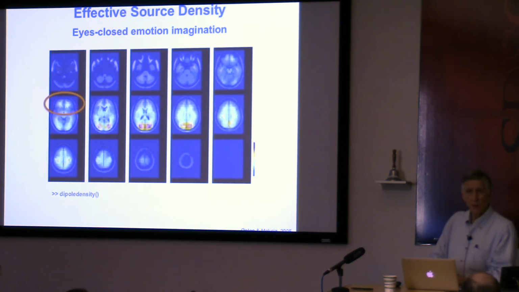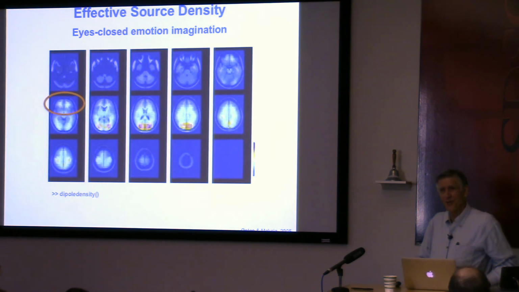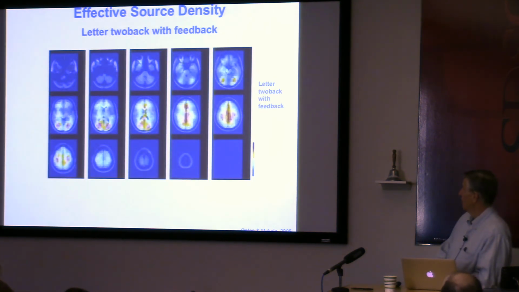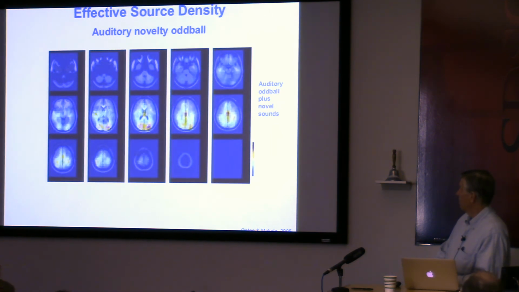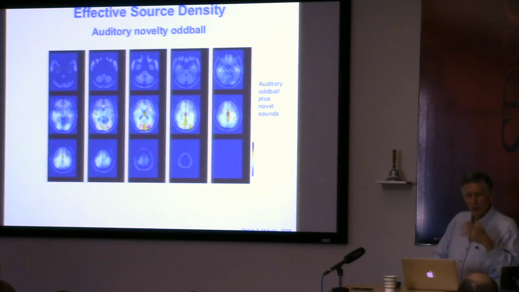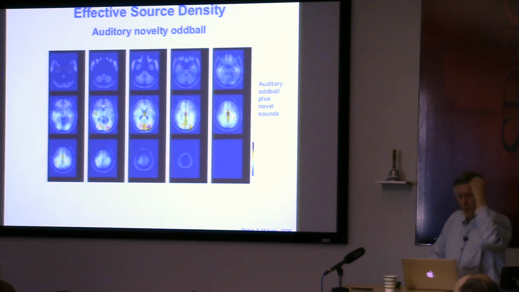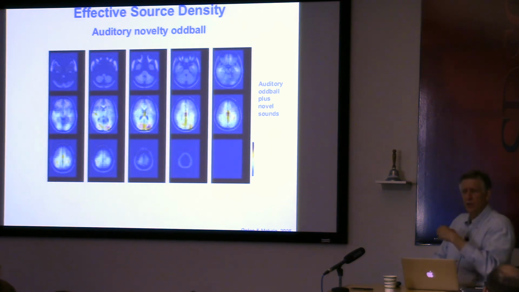There is, however, in some subjects, sources in inferior frontal cortex, which would be associated with limbic system and emotion cognition. So in different experiments, different sources do change. If you change your thinking in a certain sense, or your experience, the places that these affective sources of EEG pop up do differ.